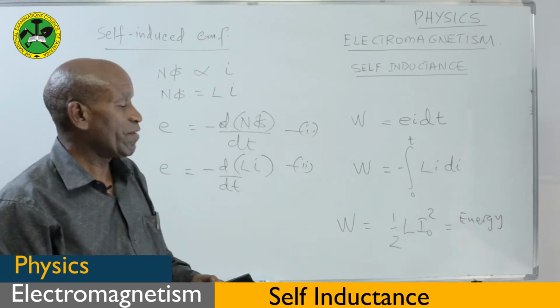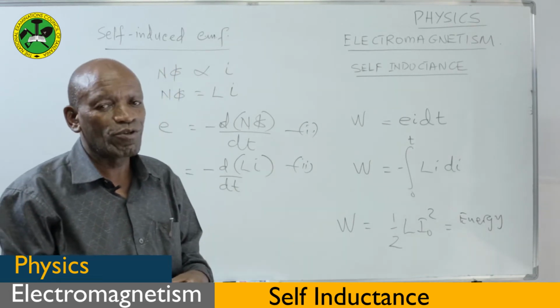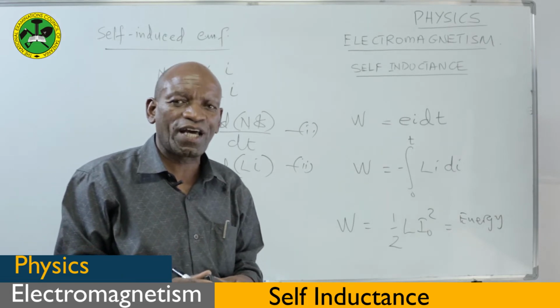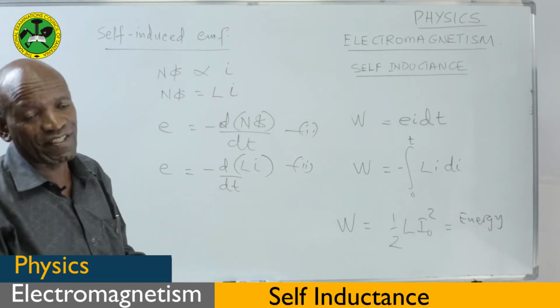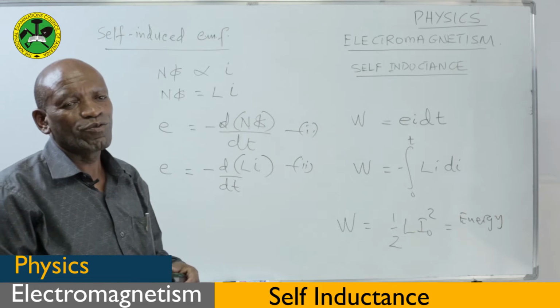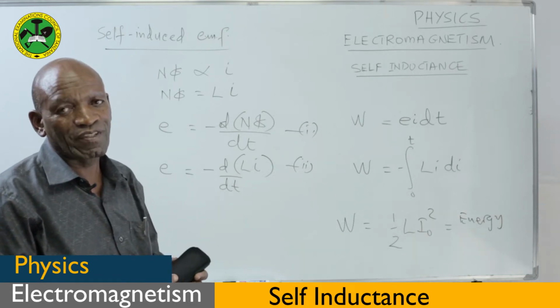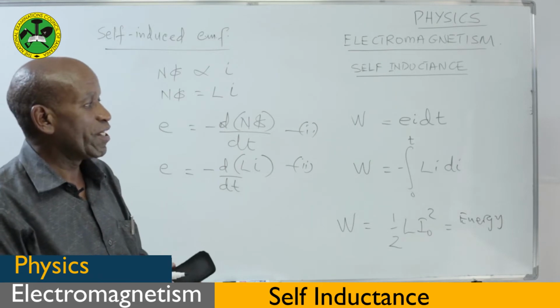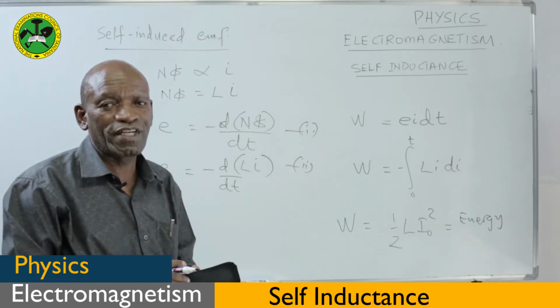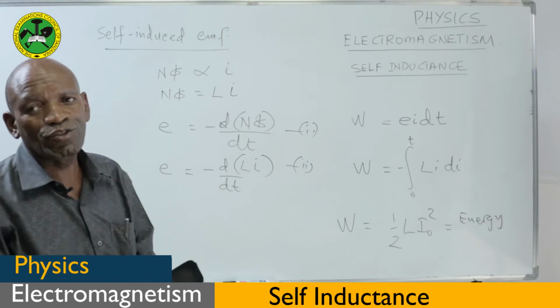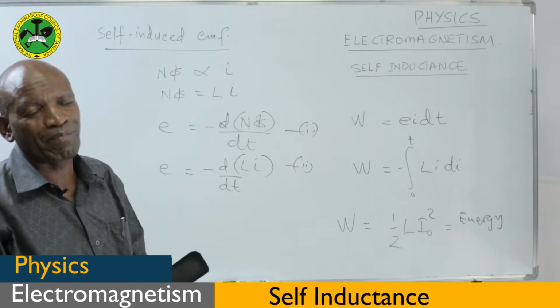But whenever we are talking about the self-induced EMF, we are really talking about an inductor being connected to a resistor, because an inductor by itself won't be very useful unless it is connected to a resistor, whether in series or in parallel.